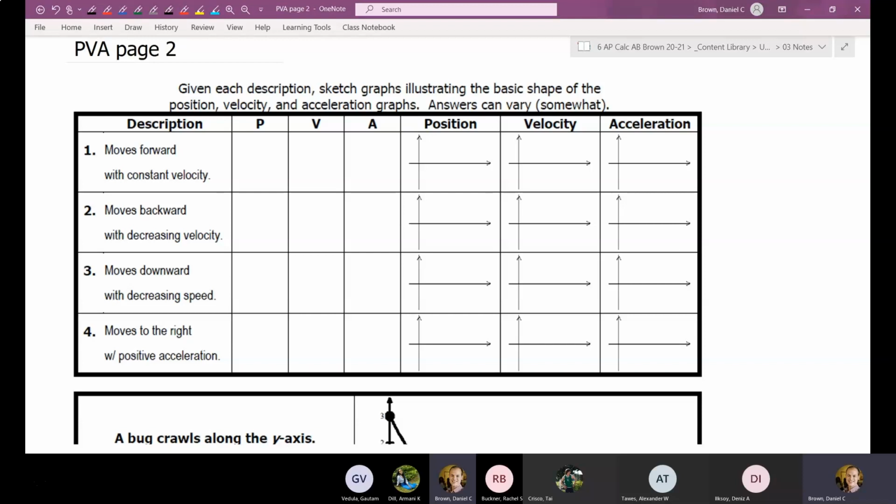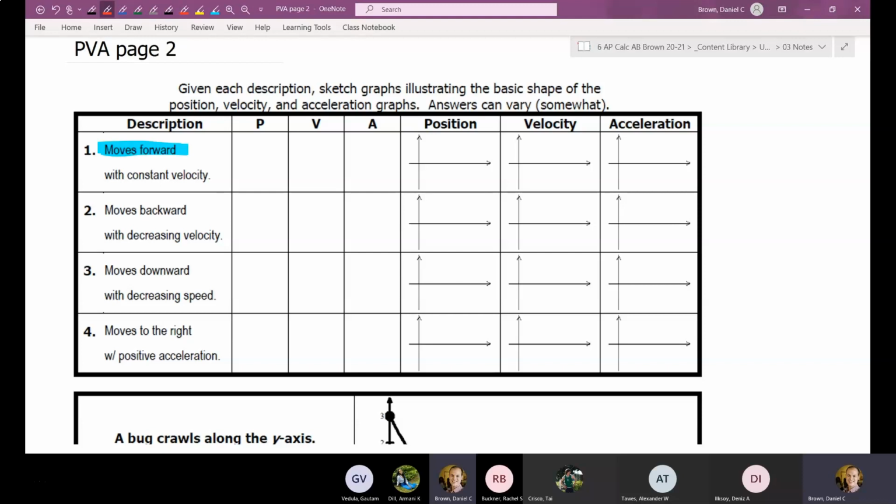Let's look at the first part of what it says. This particle is moving forward. Well, if something is moving forward, is that giving you information about the position, the velocity, or the acceleration? Position. That's what you want to be careful with. Which one is actually talking about movement? Velocity. When you say position, that just says I am here, I'm standing somewhere, that's my position.